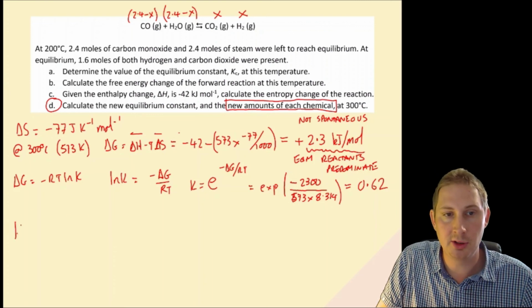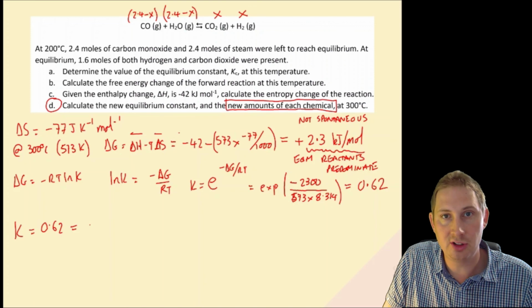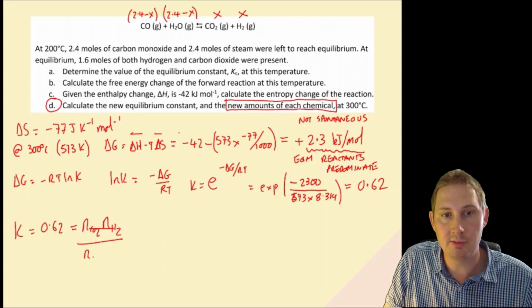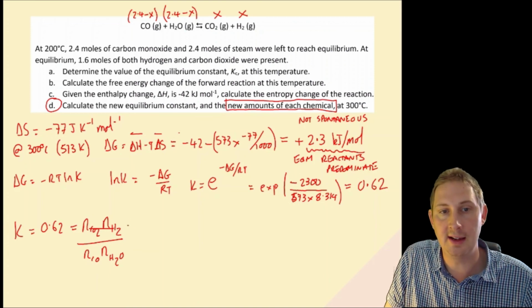So our equilibrium constant K, which equals 0.62, equals the concentration of CO2, or the number of moles of CO2, times by the number of moles of H2, over the number of moles of CO times the number of moles of H2O. Remember, it would be concentrations, but we've seen that that's not essential here.